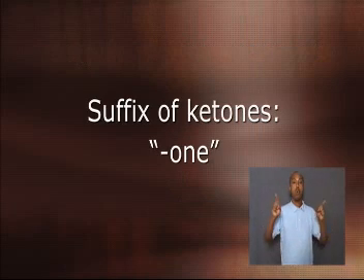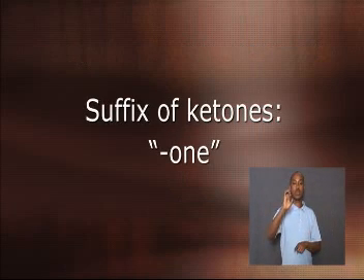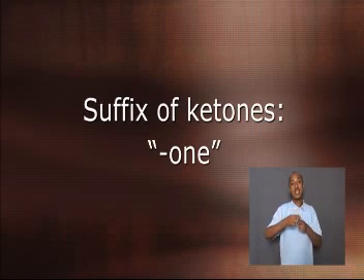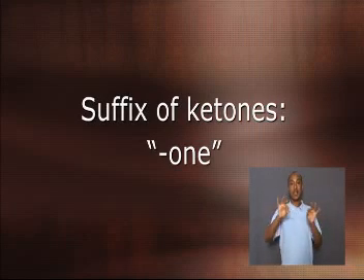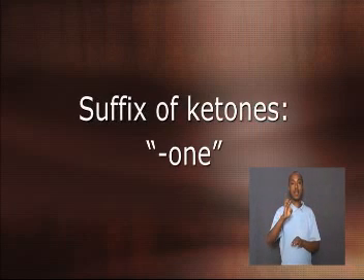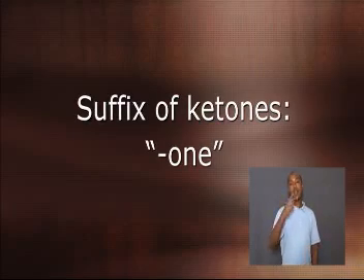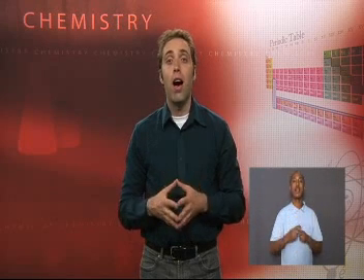When ketones are named, the suffix -e that is standard to alkanes is replaced by the suffix -one, which indicates the functional group. However, unlike aldehydes, the position of the functional group must be indicated in the name of higher ketones.